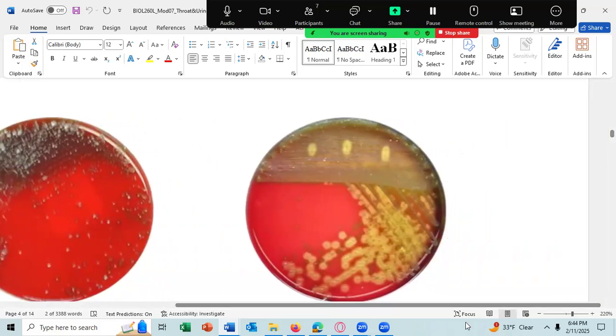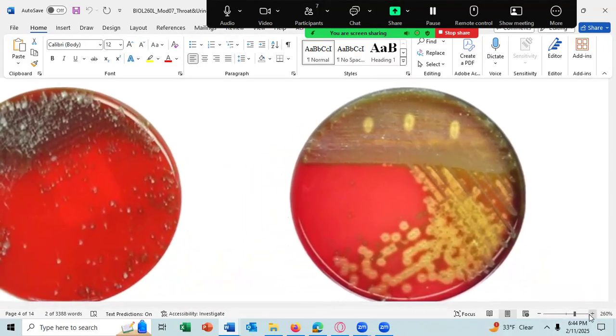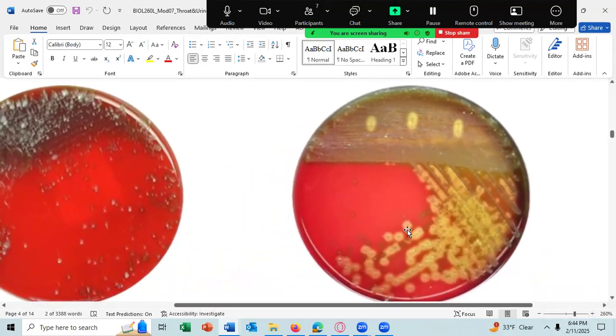On this one, we have clear beta hemolysis. Looking at this bacteria here, in the very center, you see the white area. That's a very small colony of Streptococcus pyogenes, which usually gives only small colonies. And then there's a clear region around the bacteria, and that's from beta hemolysis. We can see lots of beta hemolytic activity around all of these colonies, and then around this smear there, and then there, and there.